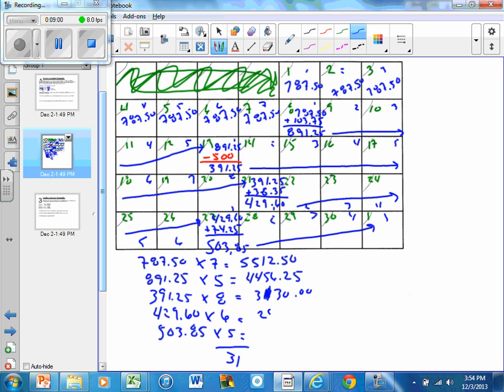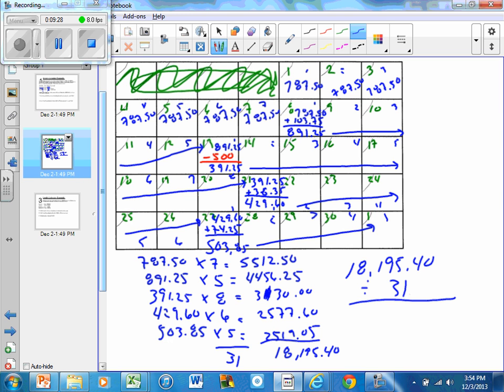Then we get 2577.60, and we end up with 2519.05, which gives us a grand total of $18,195.40. So to find our average daily balance, we take that amount, $18,195.40, and we divide it by the number of days in the billing cycle, which is 31, and that gets us to an average daily balance of $586.95.